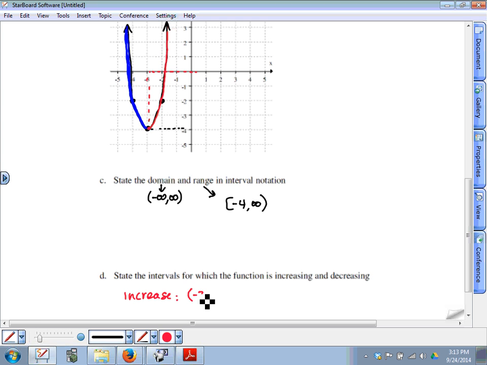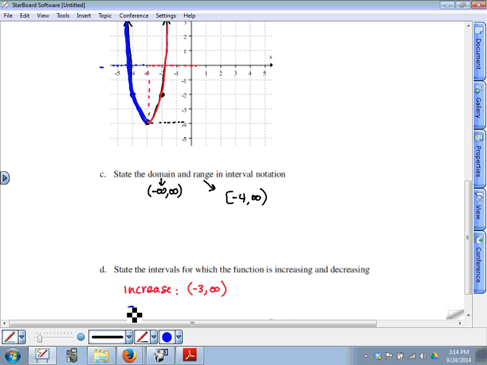So it's increasing on the interval from negative 3 to infinity. Now the decreasing: it's decreasing on all of these x values up until negative 3. So it's decreasing on the open interval negative infinity to negative 3.